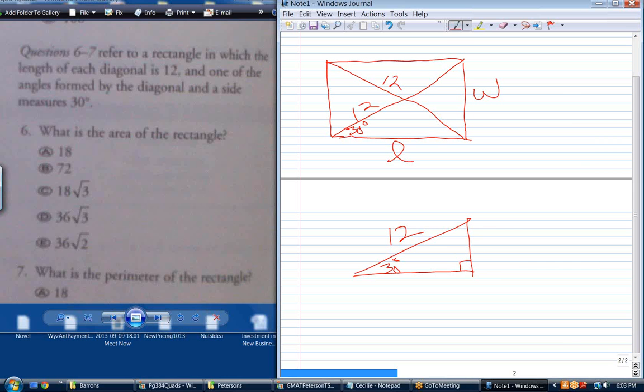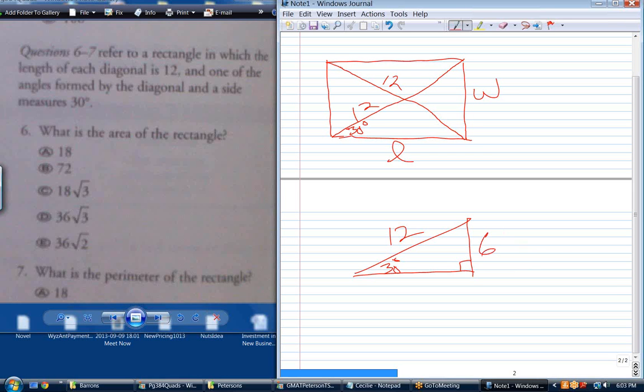One second, I'm just gonna turn it around. I'm used to seeing it like x is on the opposite side of the 30. Okay, so x would be 6.